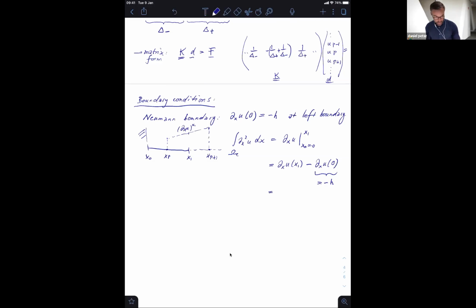So we can do that. We can use, for example, again, the distance delta plus. So then we have a term 1 over delta plus of the centroid value at up plus 1 minus 1 over delta plus value at up. Then minus h, so plus h.